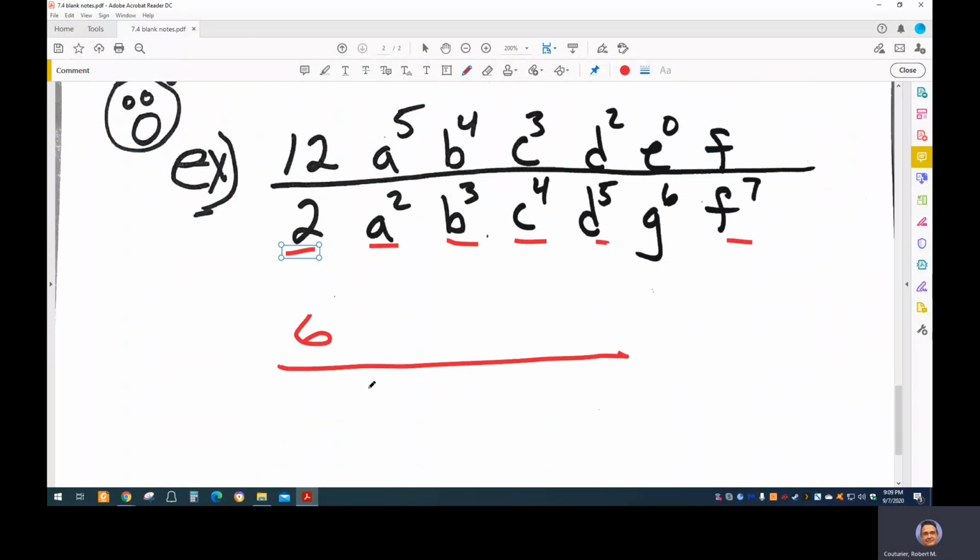The A's are bigger upstairs. 5 minus 2. The B's are bigger upstairs. 4 minus 3. C's are bigger downstairs. It's again 4 minus 3. D's are bigger downstairs. 5 minus 2.